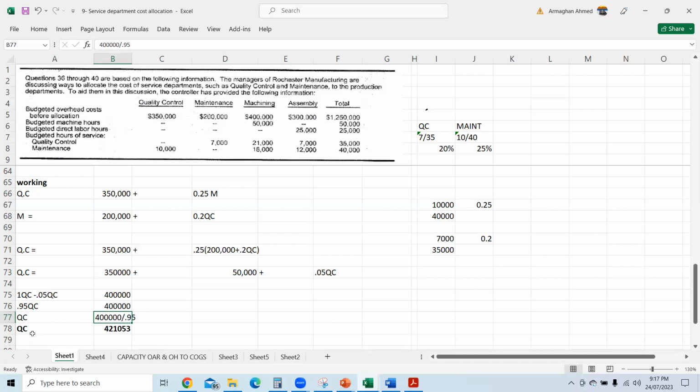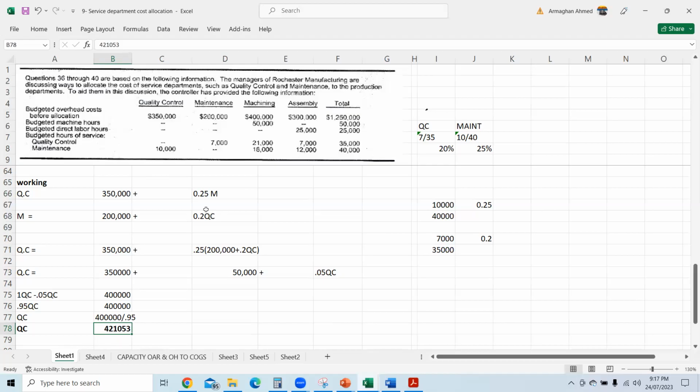So we will be getting QC equal to 421,053, right? So you will see that QC cost was only how much? 350. But now QC cost is coming 421,000.